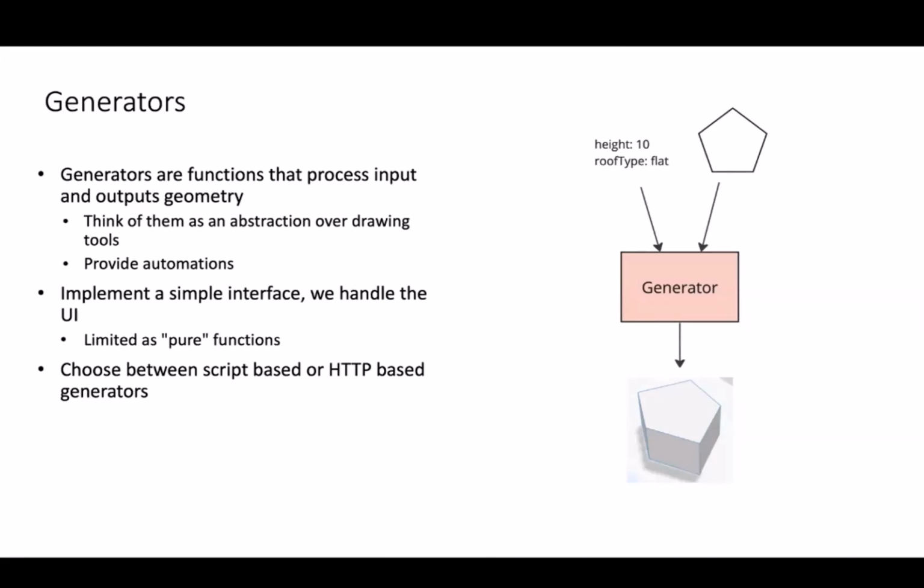There are some limitations here: we decide when your function is called and you can't really have any state, so you need to think of yourself as a pure function. The only thing you need to choose is whether you want to be a script-based or an HTTP-based generator, because I've had some confusion around this earlier.